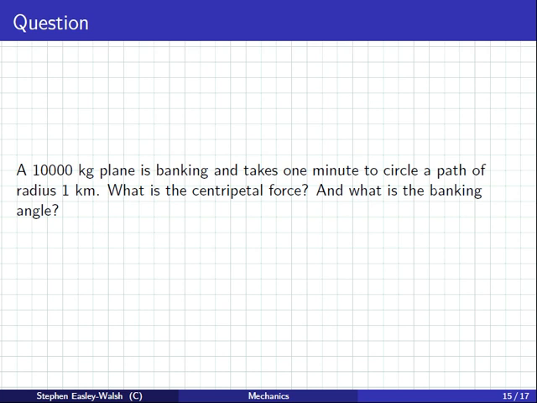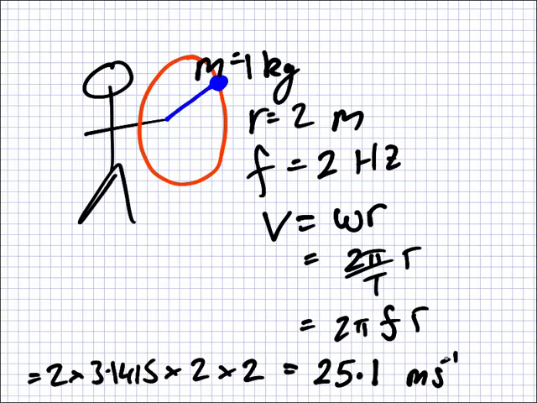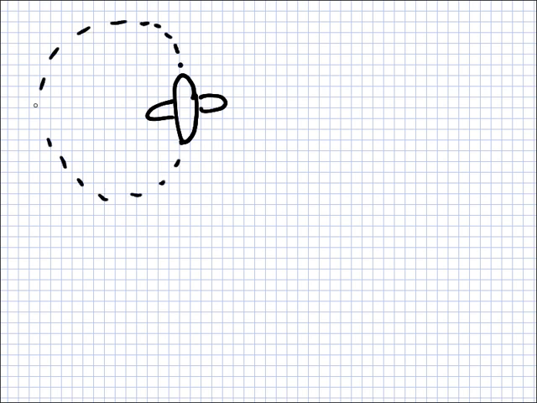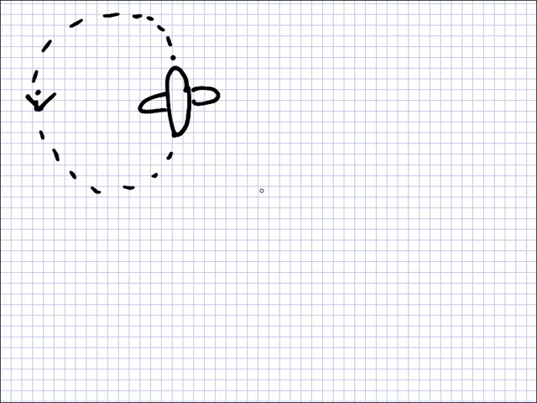Okay. It takes 1 minute to fly in a circle, radius 1 kilometer. So I can draw you two pictures. The first picture from the top. That's the plane, and it's going around like this. The radius is 1 kilometer.